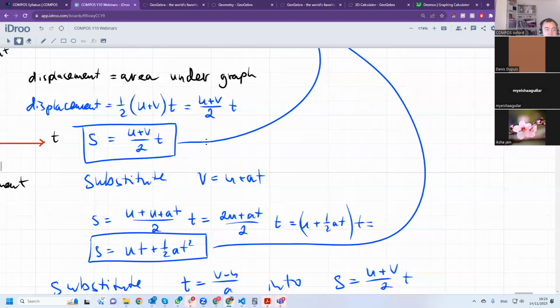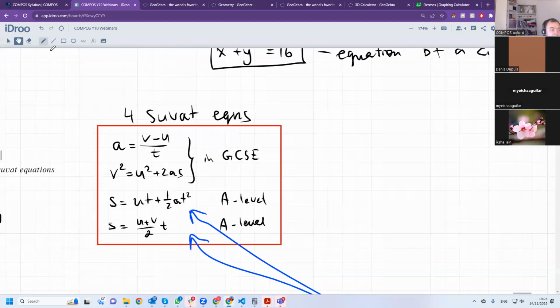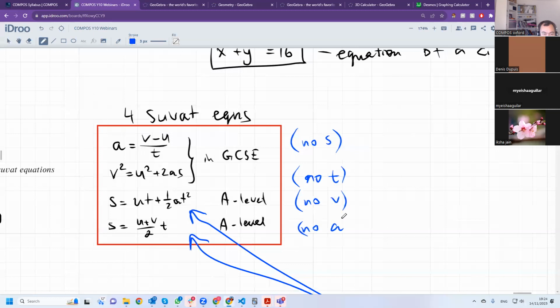Looking at the 4 Suvat equations, we notice that in the first Suvat equation, there's no s. In the second Suvat equation, there's no t. In the third Suvat equation, there's no v. In the last Suvat equation, there's no a, no acceleration.